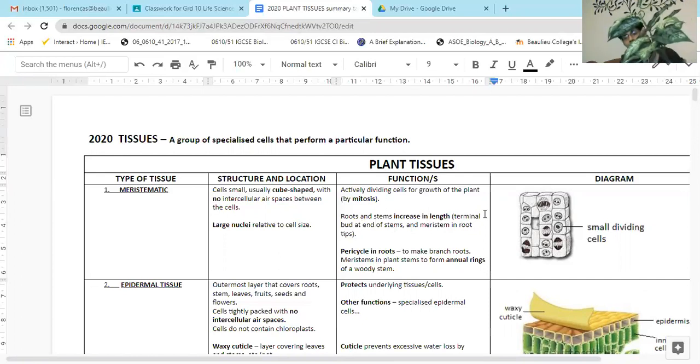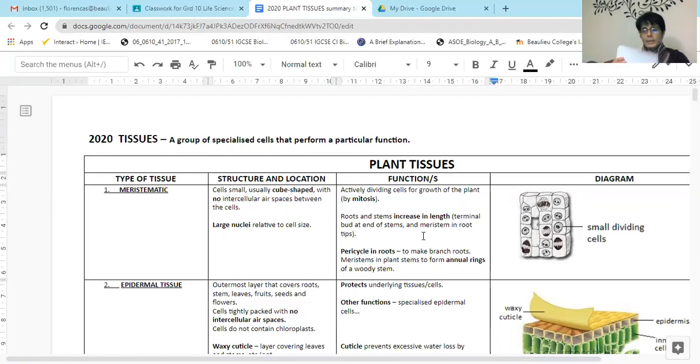The lateral buds on the sides make more leaves and branches. I haven't put that in here. And right at the tip of the root, there is meristematic tissue, allowing the roots to grow longer.